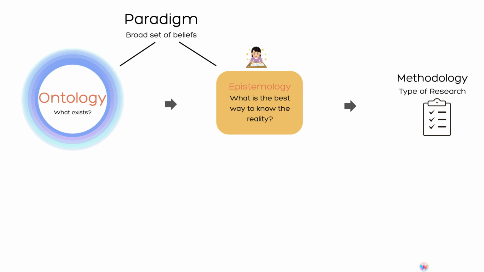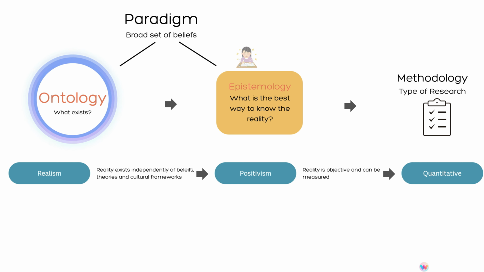Now, the third aspect of this is methodology. So your choice of ontology and epistemology that applies to your research is going to determine what methodology you follow. So if you are more a realist, that's basically following realism, and you believe that reality exists independent of different beliefs and what people think.